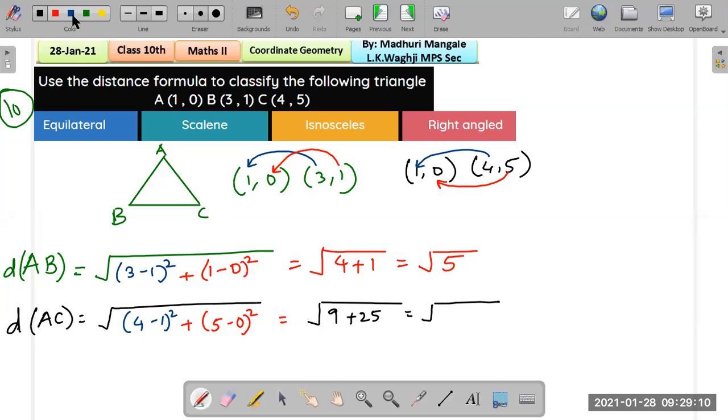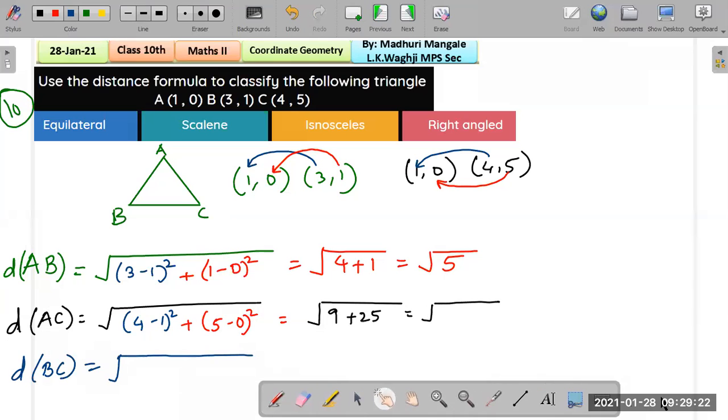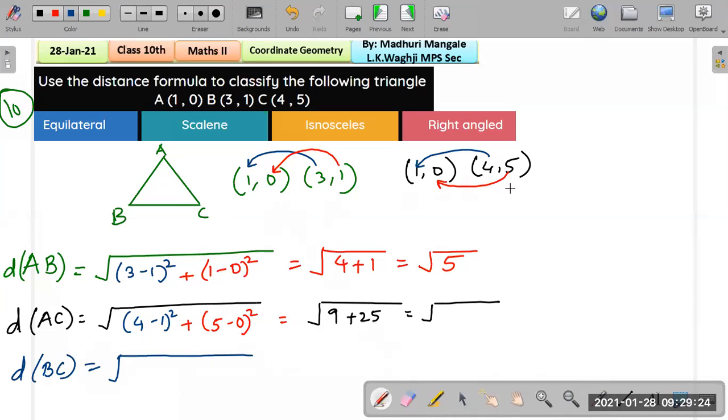And then the last part, which is the distance BC. AB is done, AC is done, now BC. So look at the two points, B and C. B is (3, 1) and C is (4, 5).